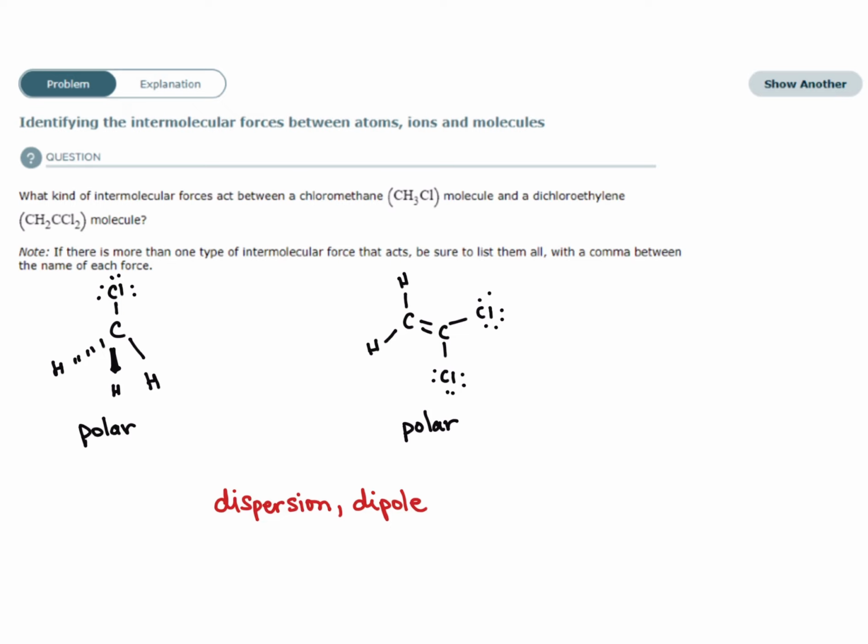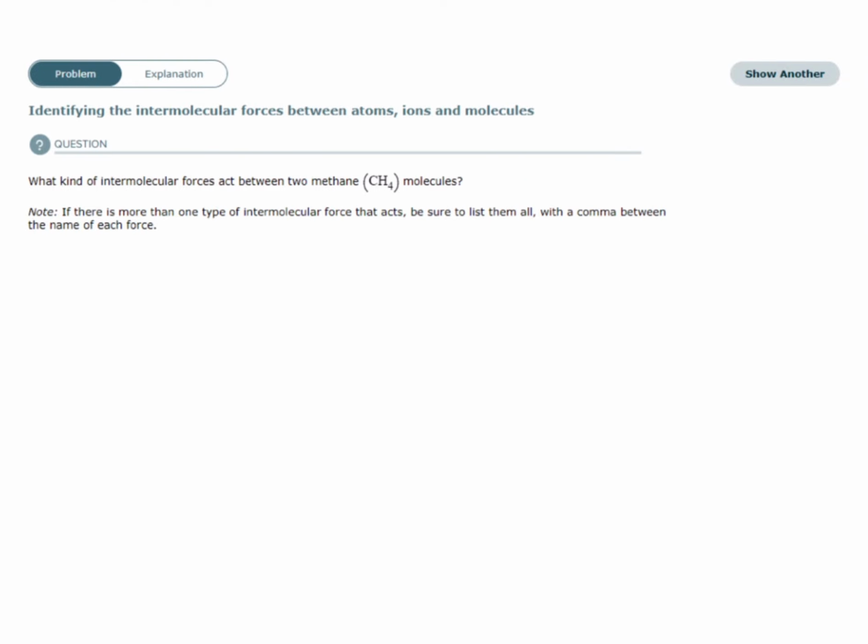Let's take a look at another example. What kind of intermolecular forces act between 2 CH4 molecules? So let's go ahead and draw that out. All right, and these molecules are considered nonpolar.